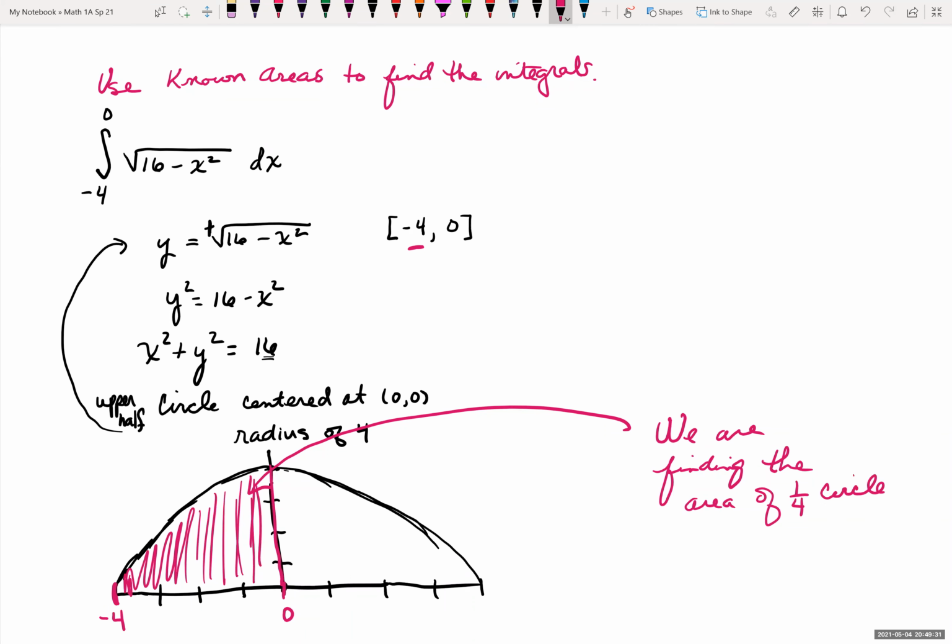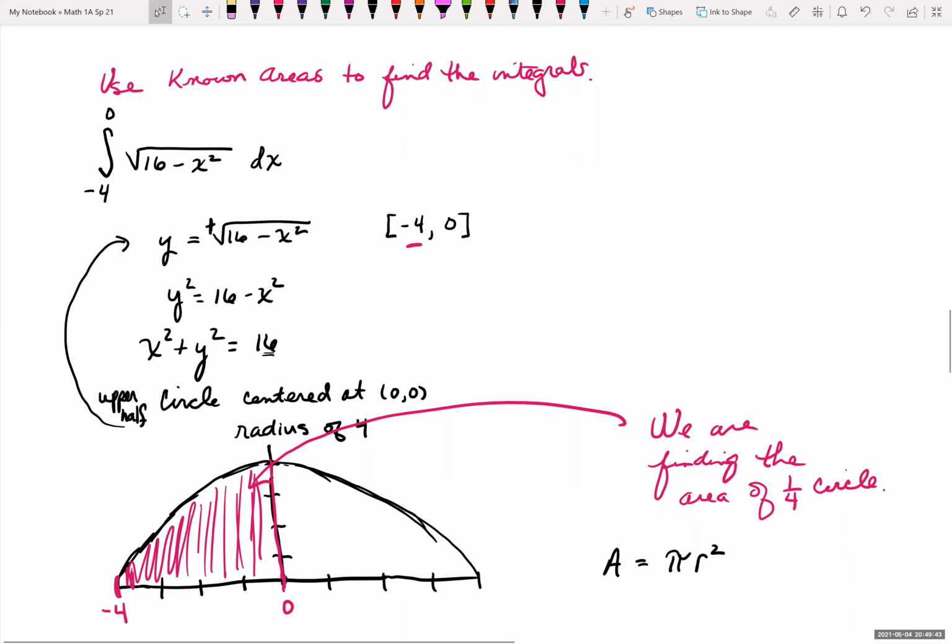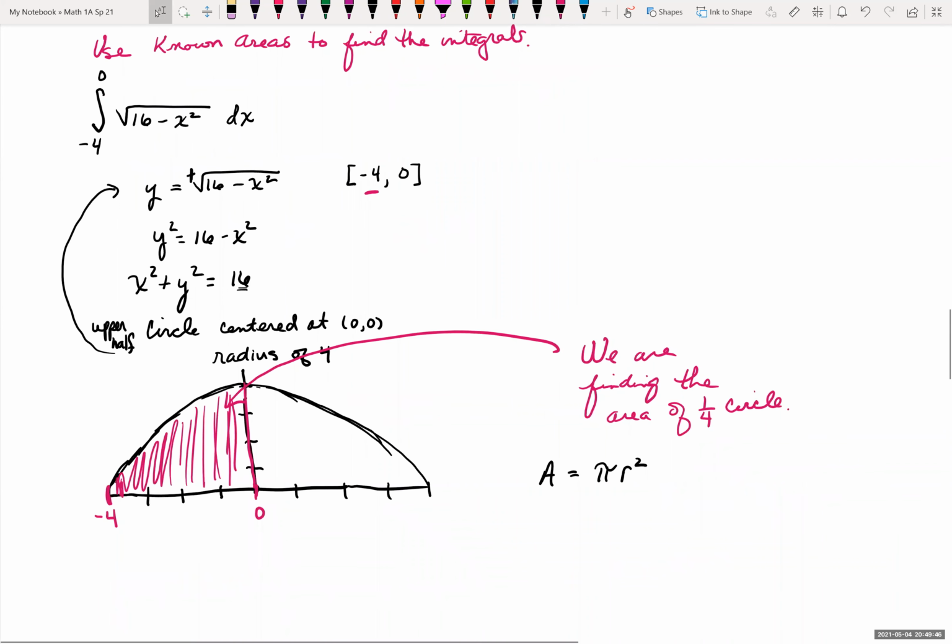So let's look at the area of a circle. We know the area of a circle is equal to pi r squared. So an area of a quarter of that circle is going to just be pi r squared over 4. But we know what r is, right?